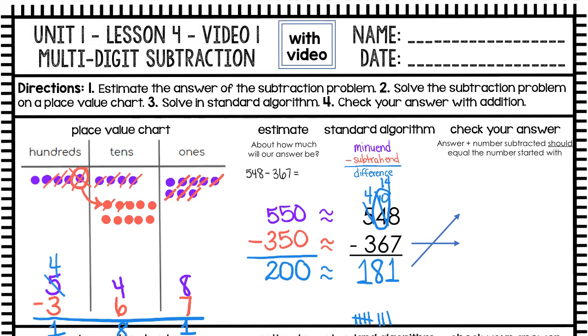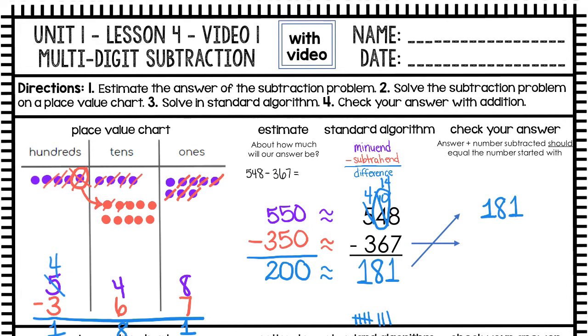So when we check our answer, we take our answer that we got, 181, and we start with it. We take our answer plus the number that we subtracted, so we subtracted 367.